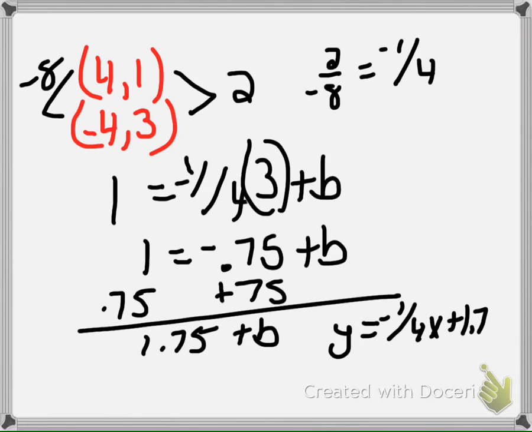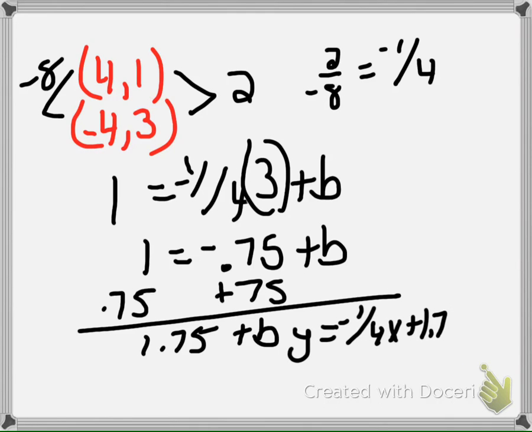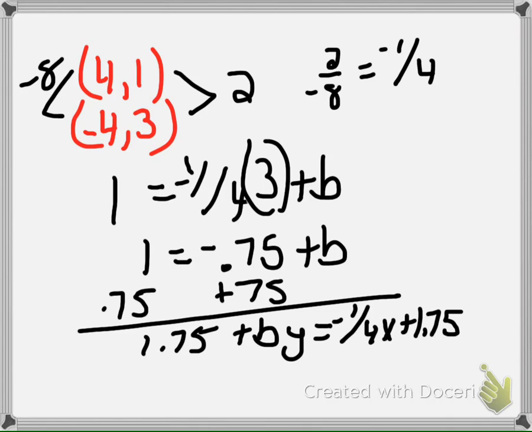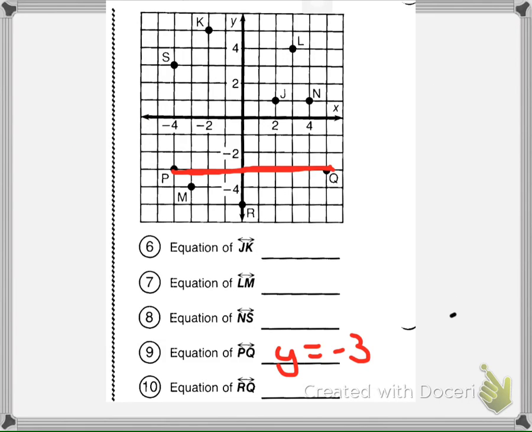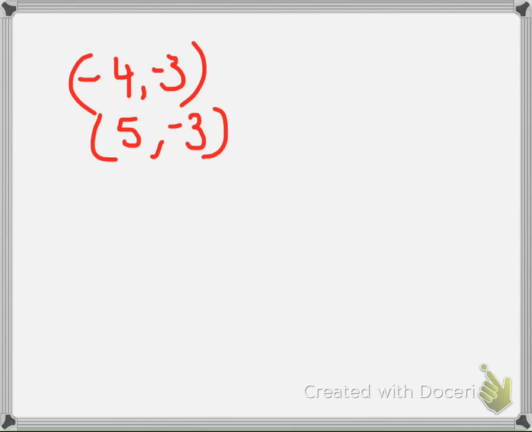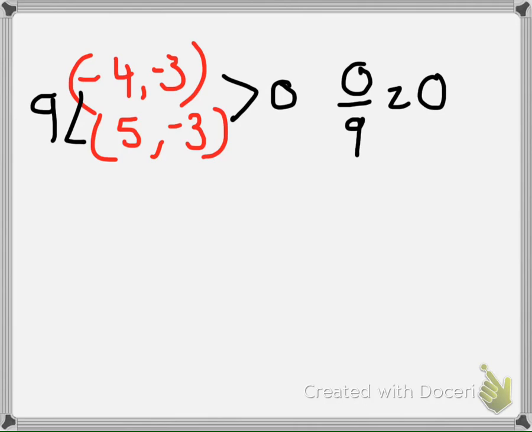I'm going to move this over a little bit because it can't fit the 5 on. And PQ. So we had no change, and we had a change of going up 9, and 0 divided by 9 is equal to 0.